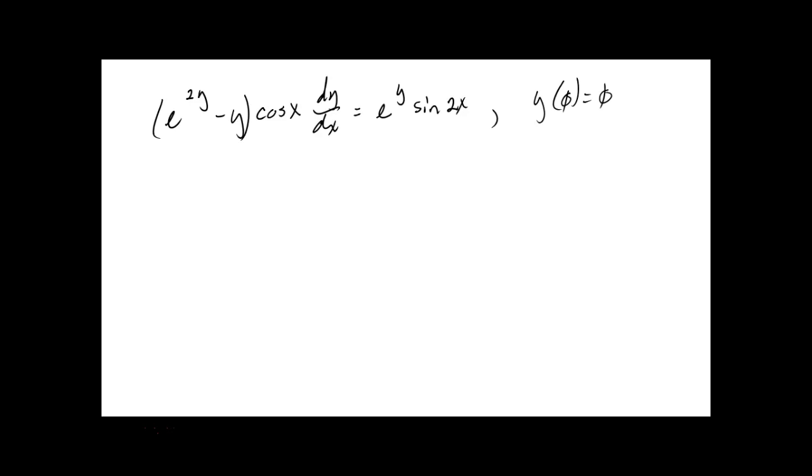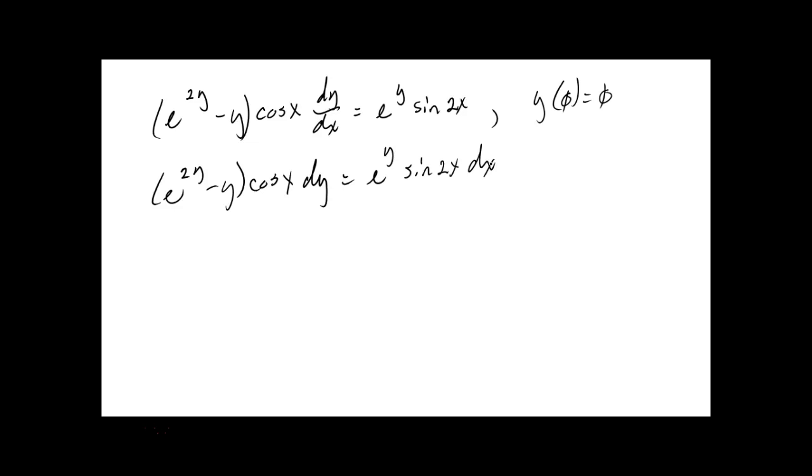So what would be the first thing you would do? Not derivative, write it in differential form. In other words, write this as e to the 2y minus y cosine x dy is equal to e to the y sine 2x dx.